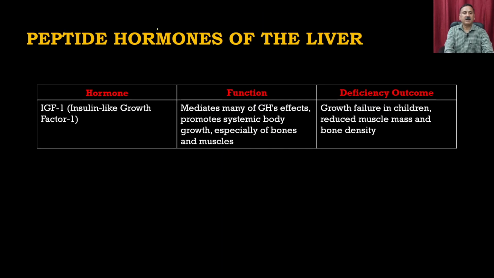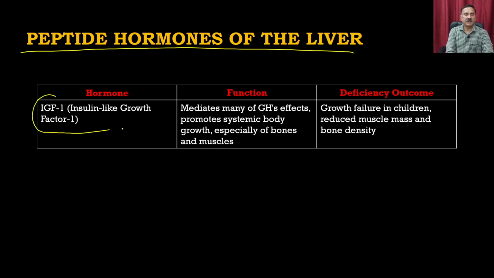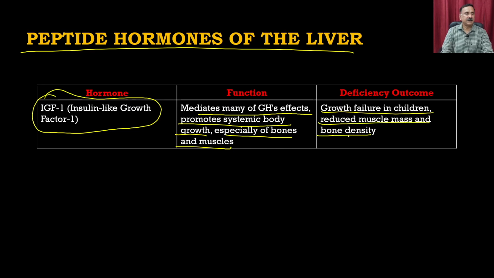Then we have peptide hormones from the liver also. So the liver is secreting one peptide hormone, that is insulin-like growth factor 1, and that mediates many of the growth hormone effects, promotes systemic body growth, especially of bones and muscles. If there is a reduction in this, then there will be growth failure in children, reduced muscle mass and bone density.